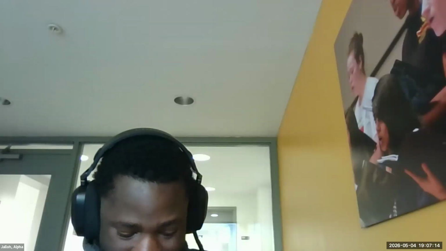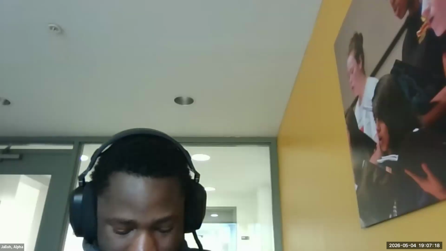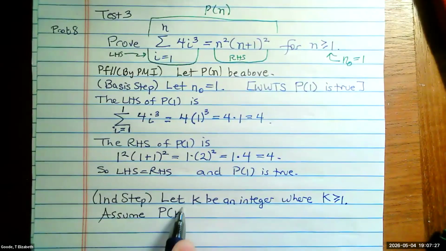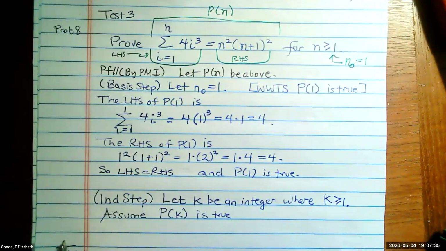So what do we assume in the inductive step? We assume that P of k is true. So what we're doing is assuming that we're standing on this step and that P of k is true.